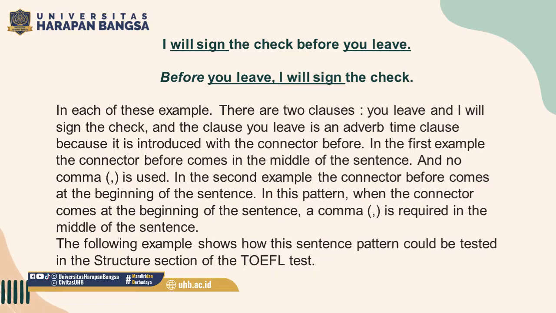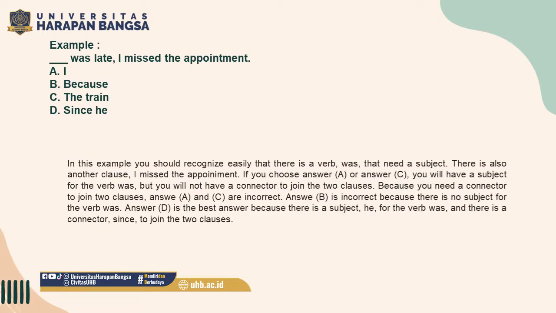The following example shows how this sentence pattern could be tested in the structure section of the TOEFL test. Example: I missed the appointment. Blank blank blank was late. A. I. B. Because. C. The train. D. Since he.